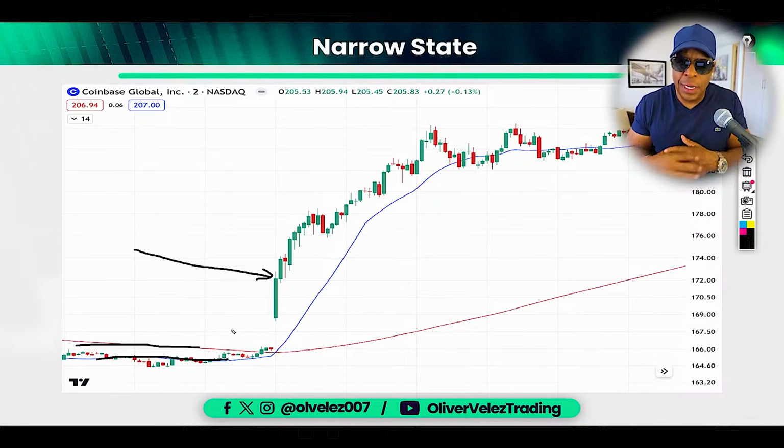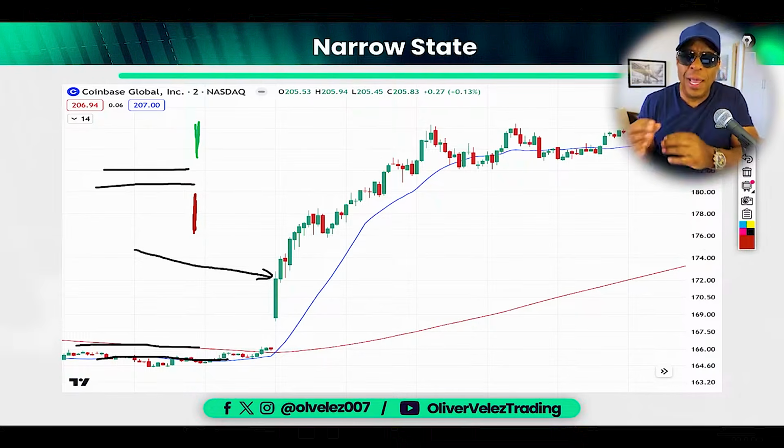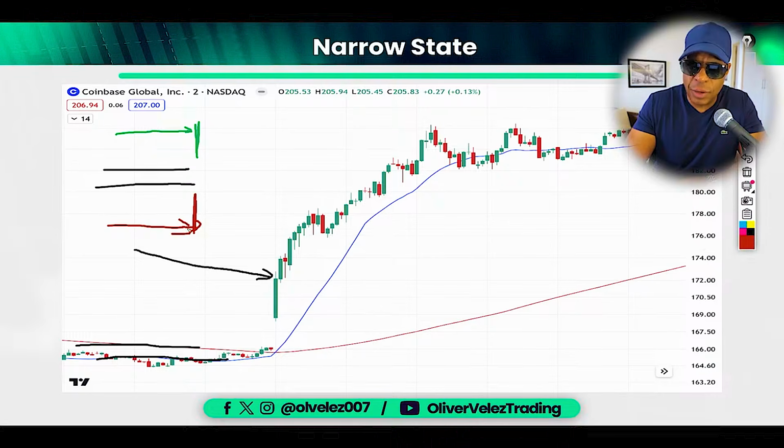Now, you can get power out of a narrow state up, or you can get power out of a narrow state down. Whenever you ignite in a powerful way out of a narrow state, you buy into the power if it's to the upside. You short or you sell into the power to the downside.